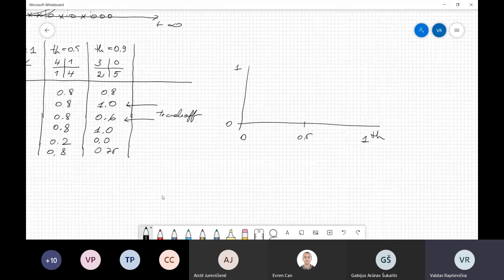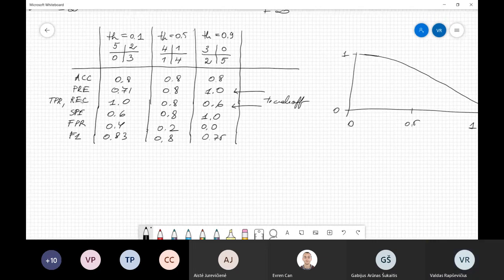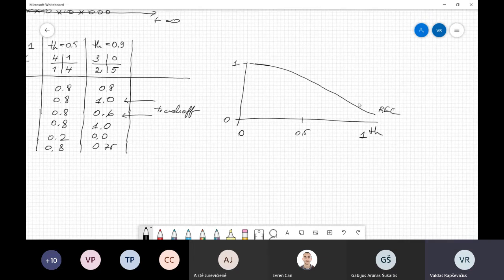The usual situation is that as we go down, recall goes down. As you can see, recall goes from high up down, and the precision goes up. This is an illustration of the trade-off between precision and recall.